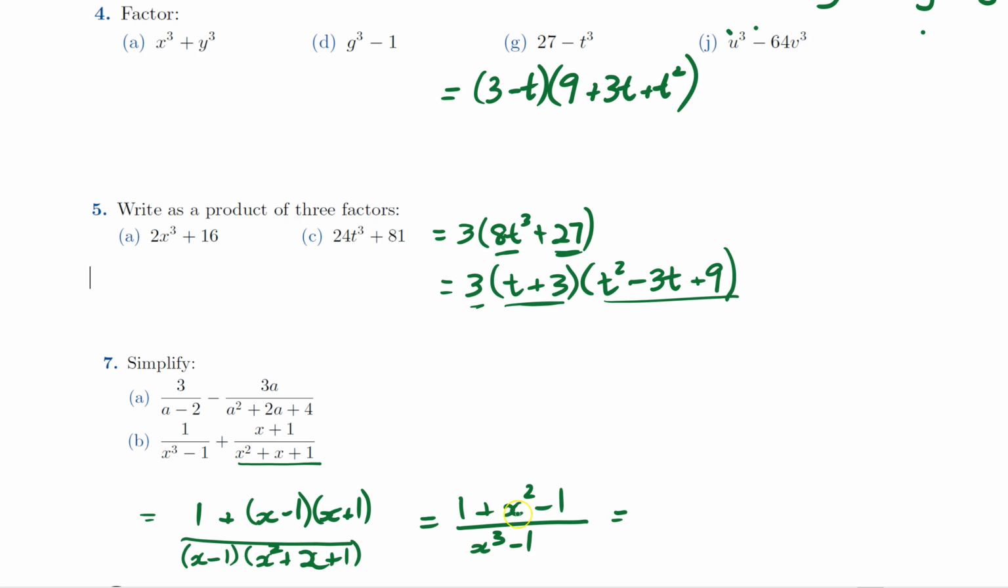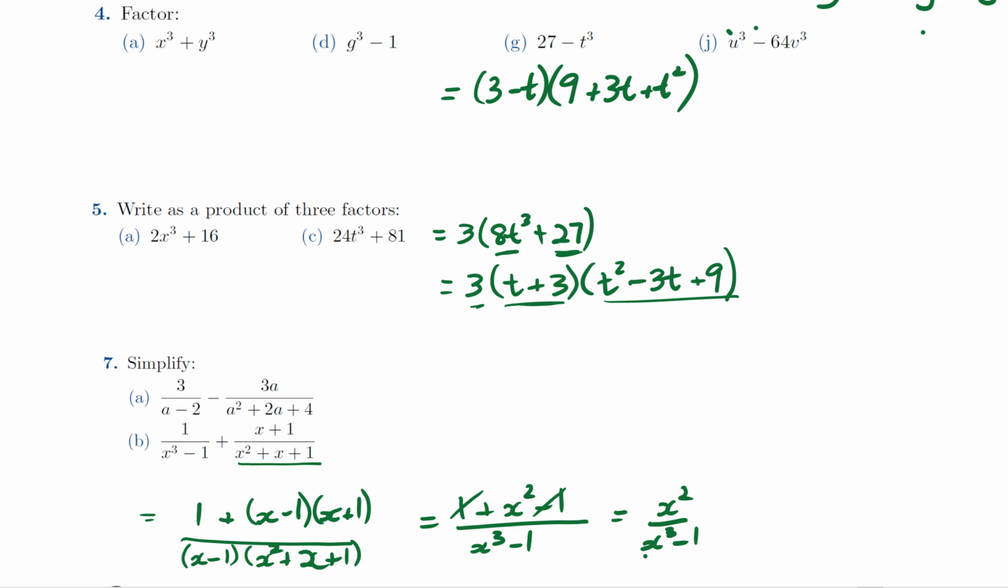So then my numerator, these minus and plus 1s cancel. So I've got x cubed up the top, x squared up the top, and x cubed minus 1 on the bottom. Please do not even think about somehow or other cancelling this with this. It can't be done.